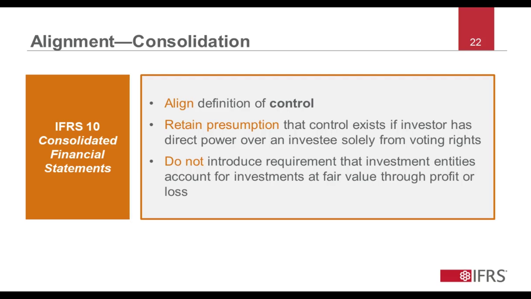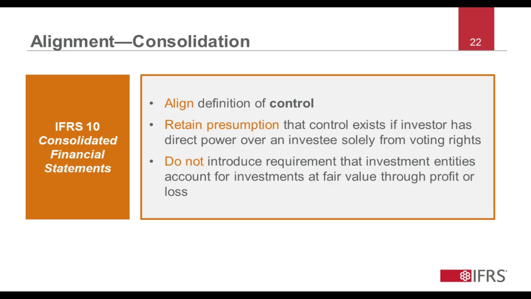The IFRS for SMEs has something similar. It has a principle about control, and then it has some supplementary guidance. And so we feel that if we align, we could have just that one more simplified model, which should help.